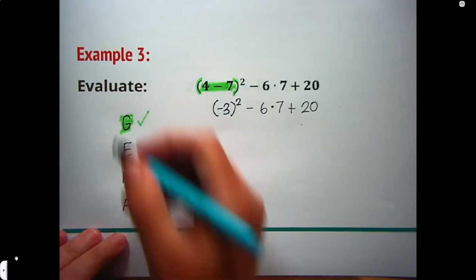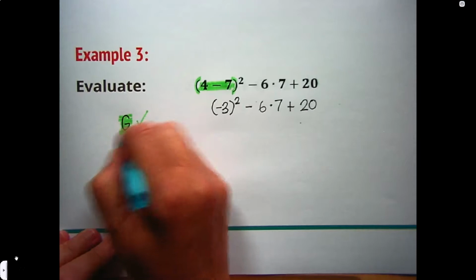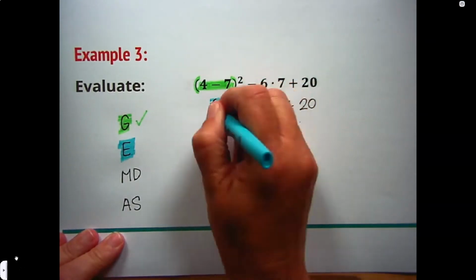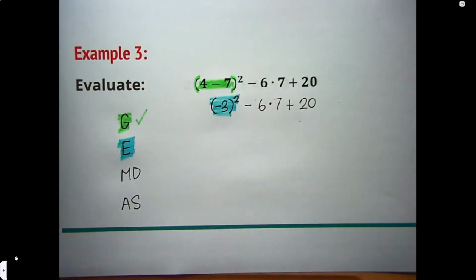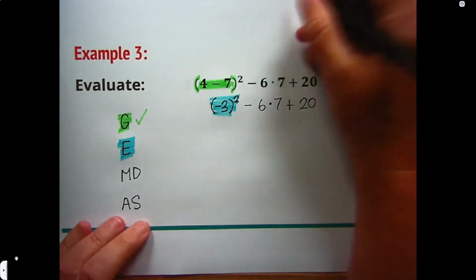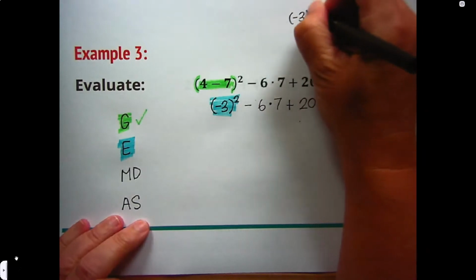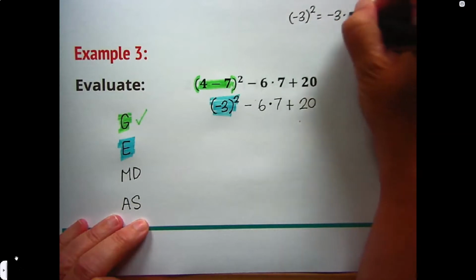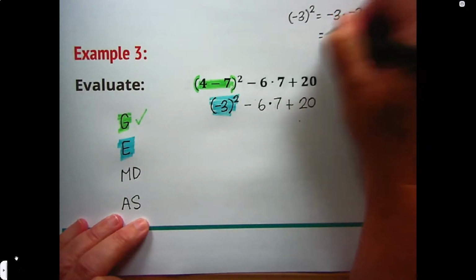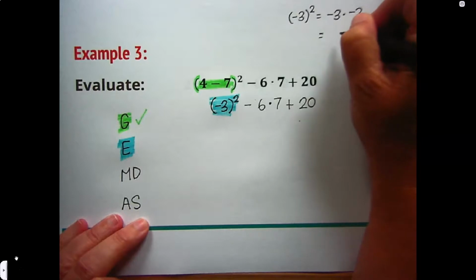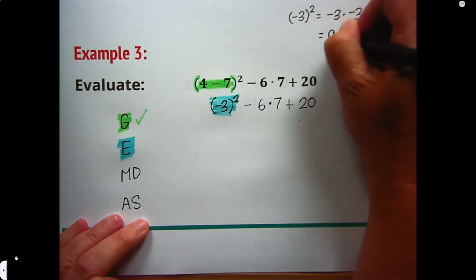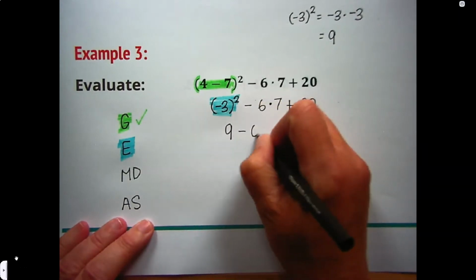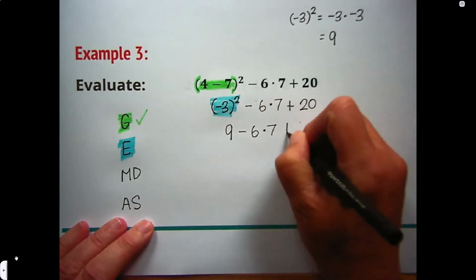All right, so next up, exponents. I do have an exponent here, so the next thing I'm going to do is this negative 3 raised to the second power. Now remember, when you see negative 3 raised to the second power, that means you're going to do a negative 3 times a negative 3. Negative times negative is positive. 3 times 3 is 9. So that's going to be a positive 9 minus 6 times 7 plus 20.